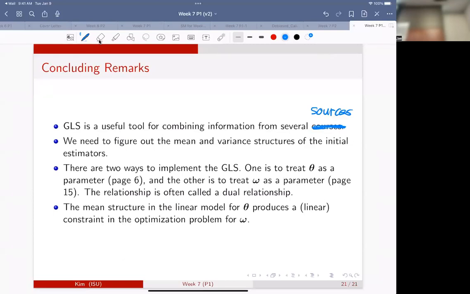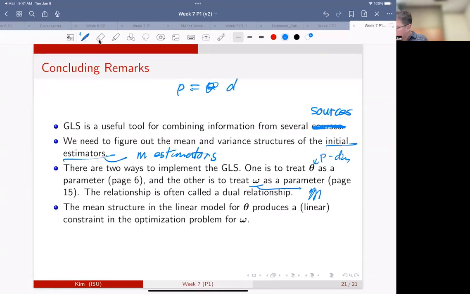The mean structure. So here this is p-dimensional, right? Omega is more like n. M is the number of estimators, the initial estimators. So we have M estimators. We have P parameters.